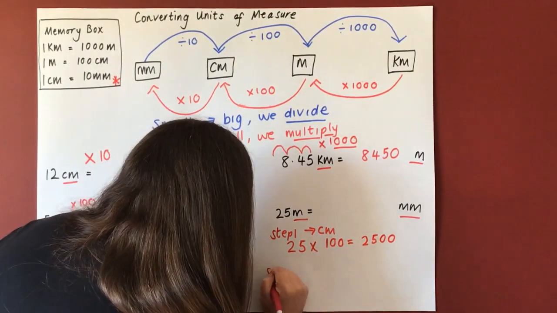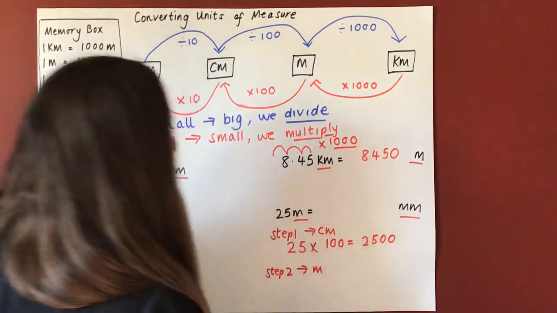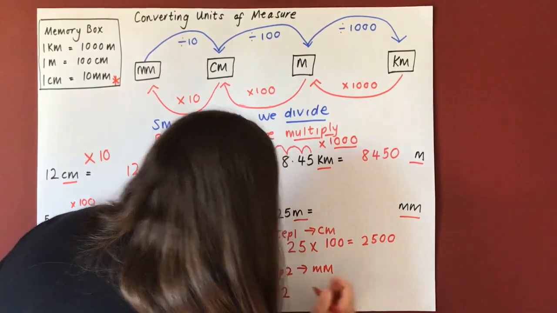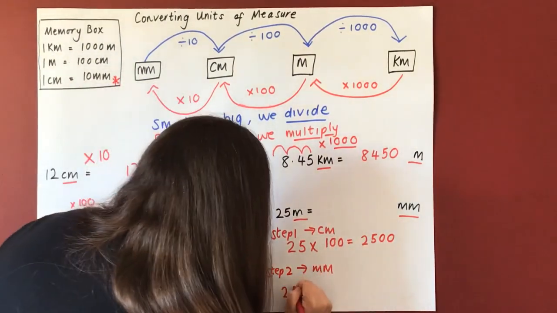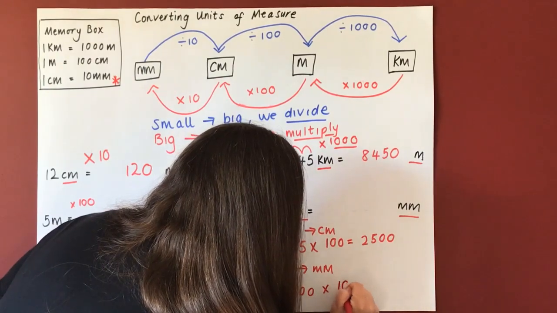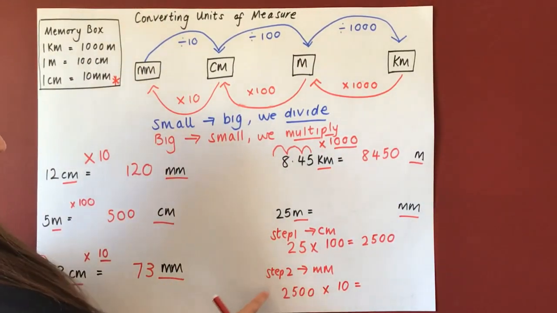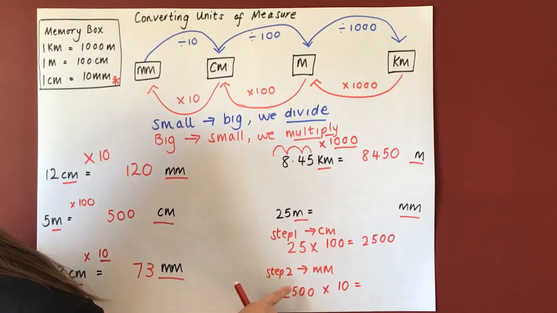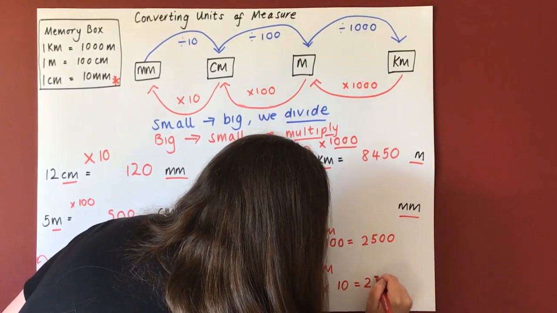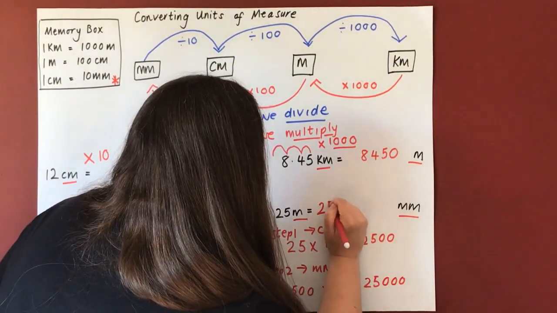So, step 2, we are now converting to millimetres. We take our answer from before, because we've got our centimetres, 2,500. We then need to multiply that by 10. Again, simple place value. We need to be shifting our zeros, and very clearly our answer is 25,000.